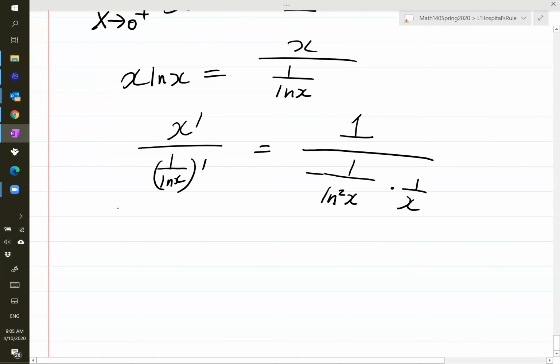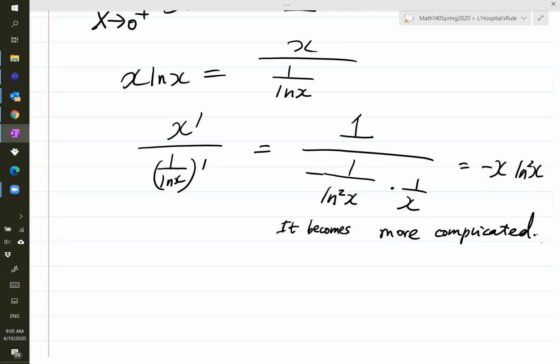So it becomes more complicated, which is not what we want. It does not give us a good solution. This is why we flip x, not ln x.